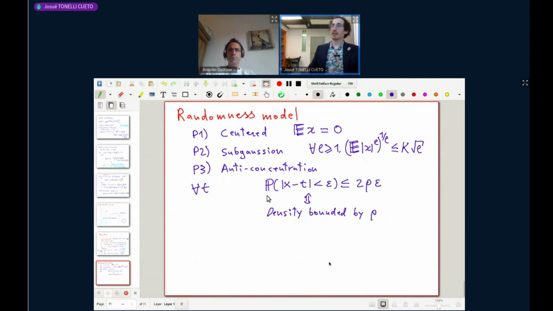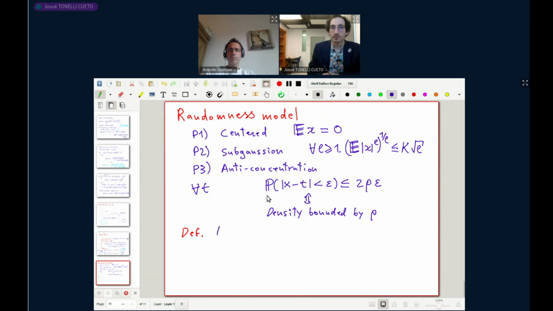So these are the essential properties of a Gaussian: a Gaussian is good because it's centered, sub-Gaussian, and has anti-concentration. This is how we abstract it.